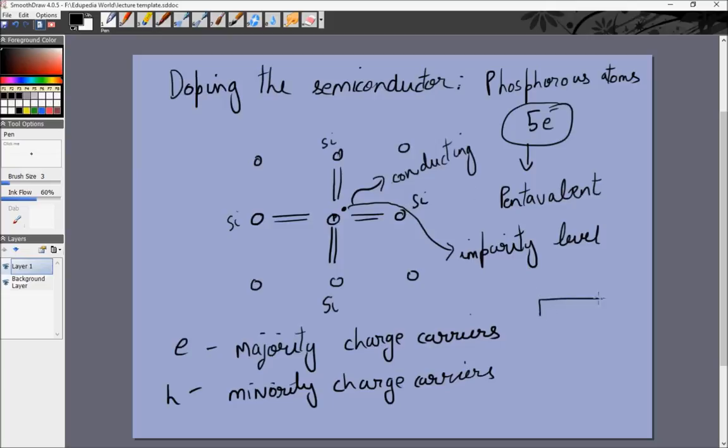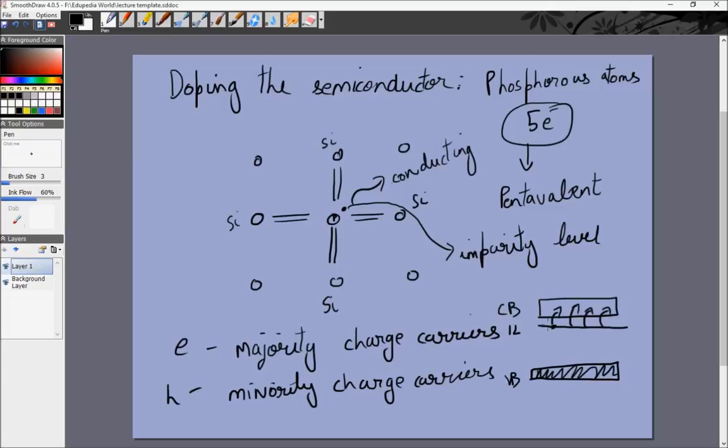So if this was the conduction band of silicon and this was the valence band of silicon, which was, let's say, completely filled, then the extra electron would have an impurity level which would be somewhere here, quite close to the conduction band. So even with a very small amount of thermal energy, electrons from the impurity level could jump into the conduction band and become conducting electrons.